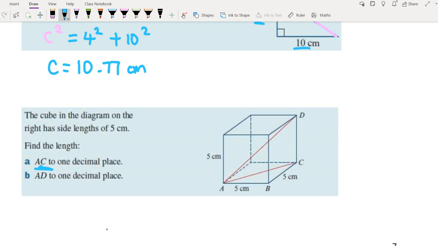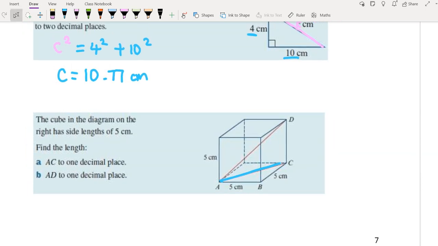First we're asked to find AC. The length AC, you can see, is here. Because we're in Pythag, you can imagine we're trying to look for a right angle triangle. This base over here has 4 right angles because it's a square, and AC is the diagonal of the base.